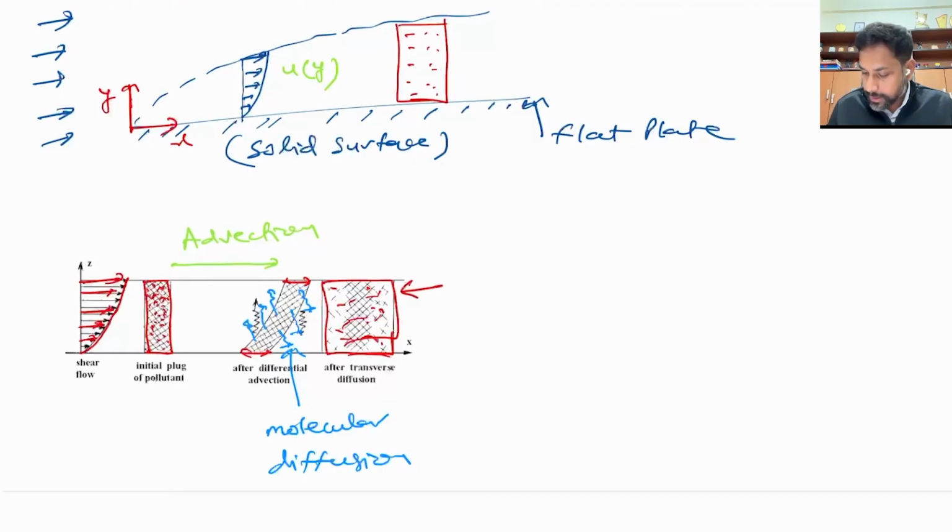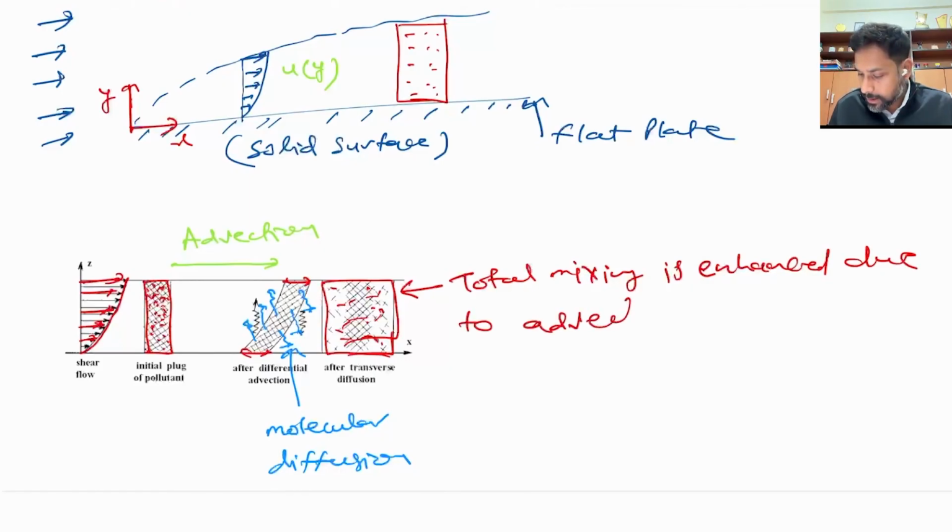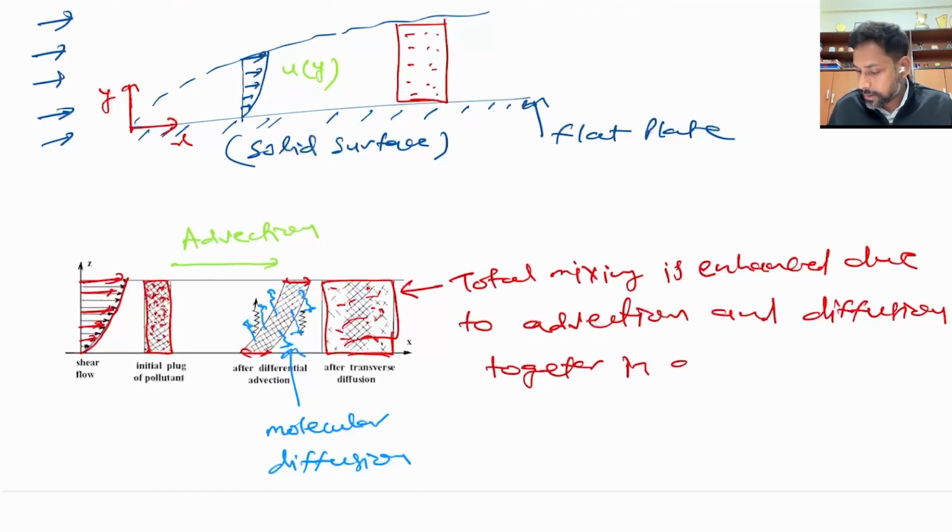So the total mixing is enhanced due to advection and diffusion together in a shear flow, right? So that is an enhanced mixing.